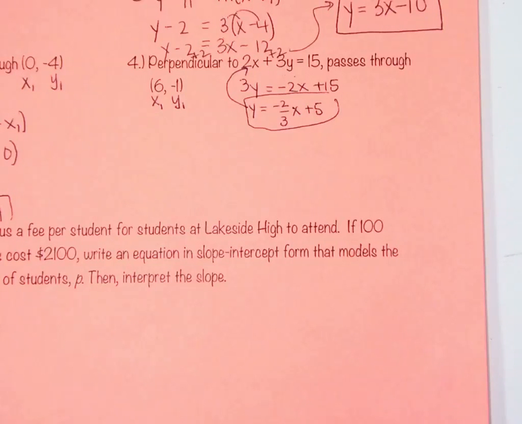Oh, another thing I should mention. You have probably noticed I don't write plus whatever on both sides. I don't write divide by whatever. You guys might be used to seeing that. So if you miss where I went from one line to the next, just say, hey, Mrs. G, how'd you get that? Because every once in a while I make a mistake, so you might be wondering where I got something because I screwed up.